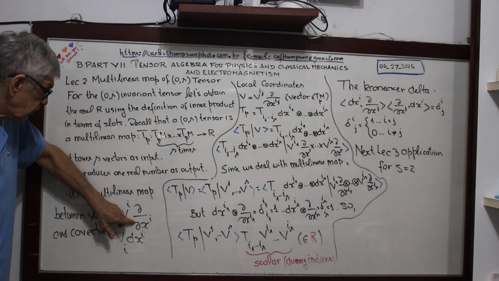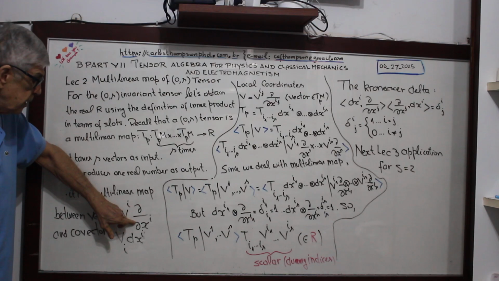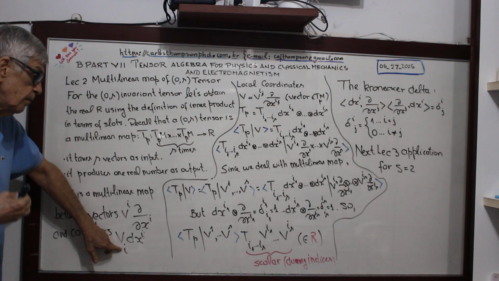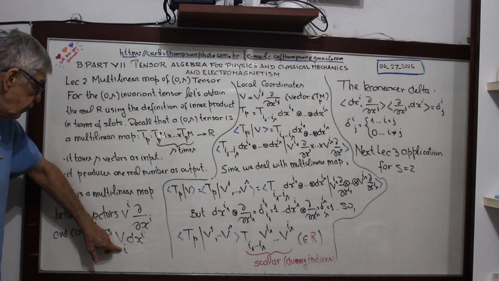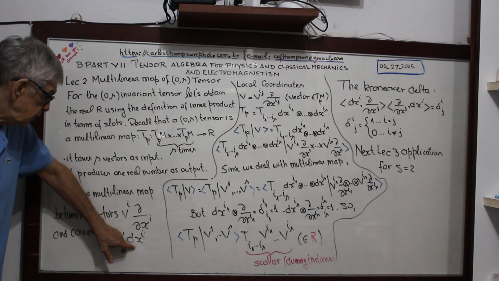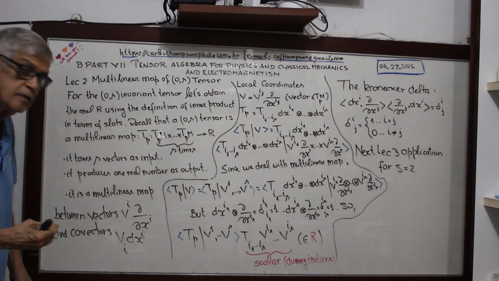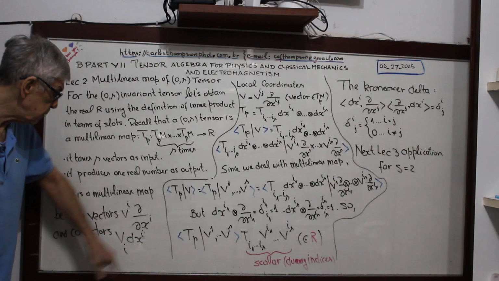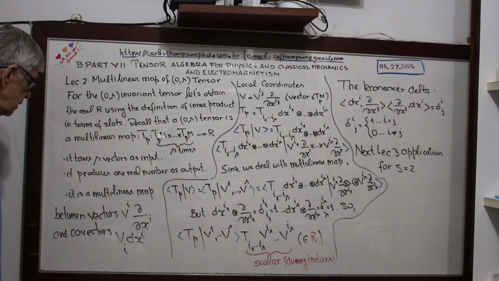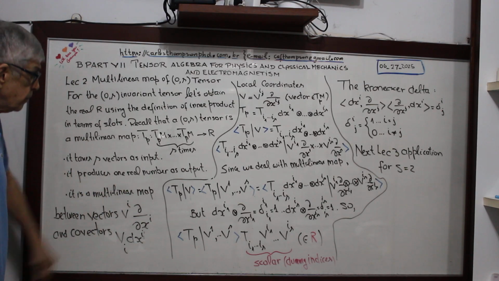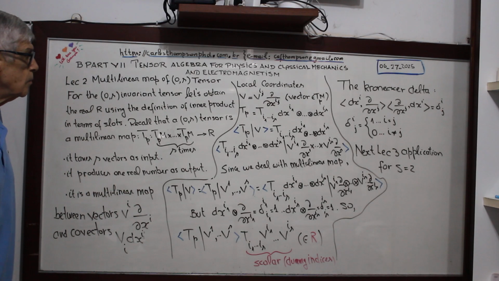This is a basis which belongs to the tangent vector space. But v_i are the components of a covector which belongs to the cotangent vector space. dx^i is a basis, in this case basic covectors, which belongs to the cotangent vector space. So this is the multilinear map between those two spaces.